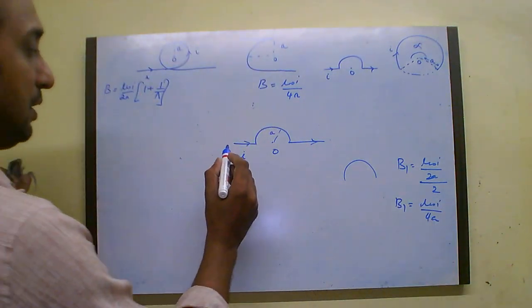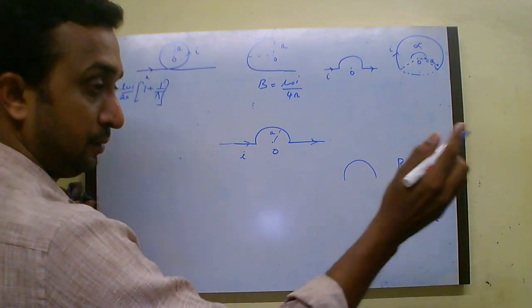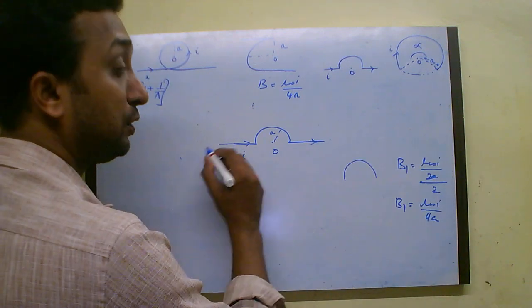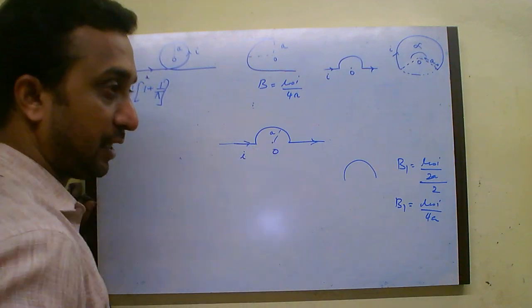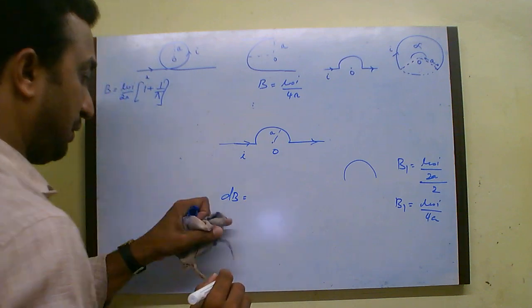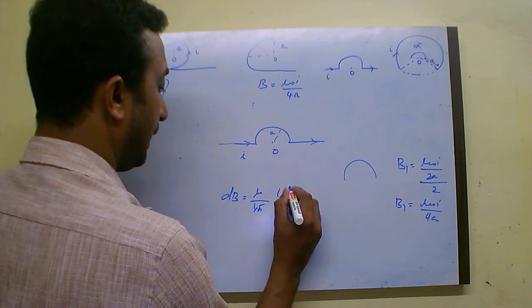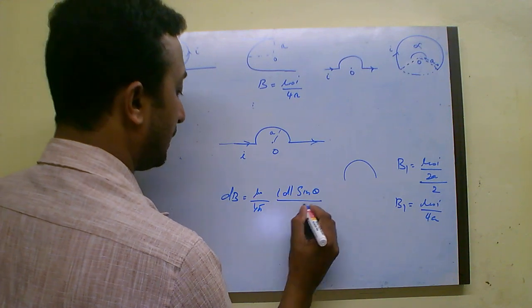Now you may have a doubt that these ends can be considered part of an infinitely long wire. Don't they contribute to the magnetic field at O? When you write the Biot-Savart equation, dB is equal to mu 0 by 4 pi I dl sine theta by r square.